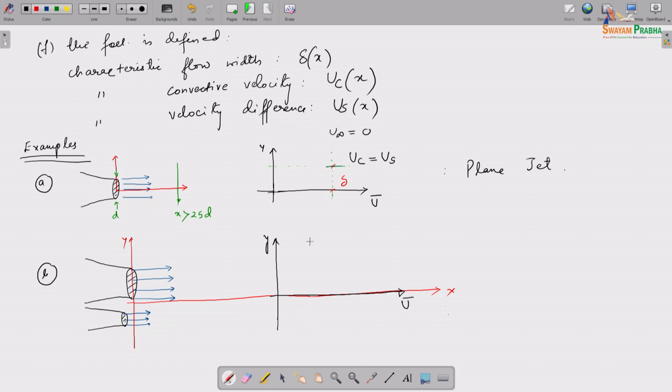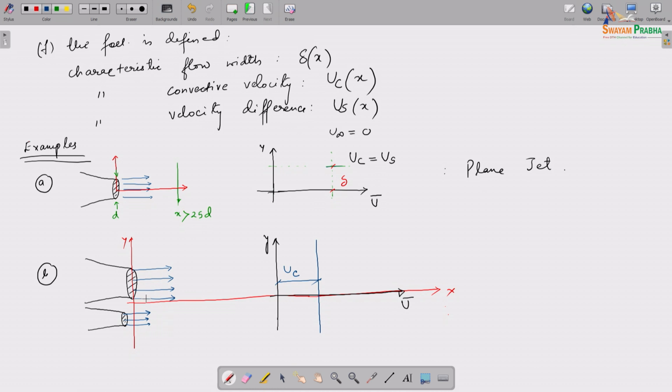So that velocity is like this actually. Let's just say this, right. So this is my convective velocity, is that right? But the moment I come here, I also have this.